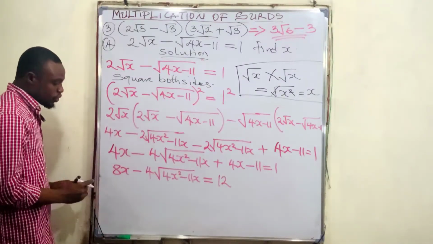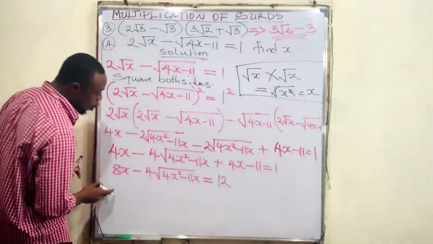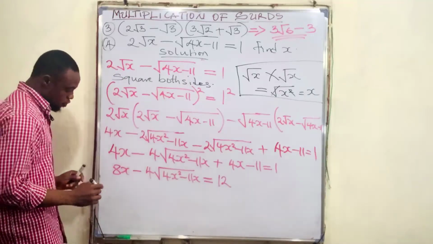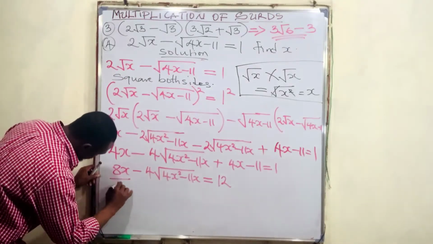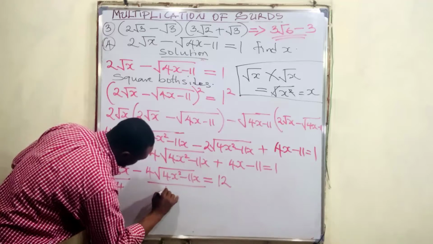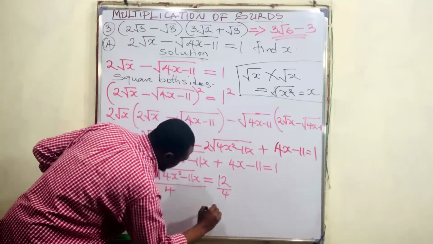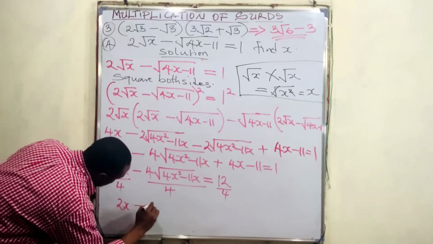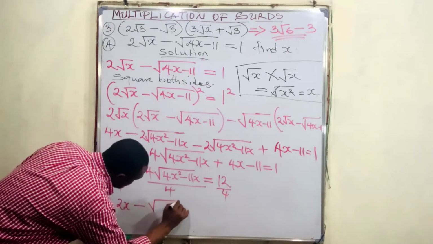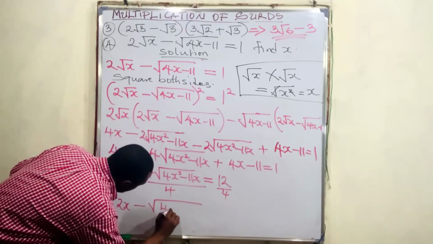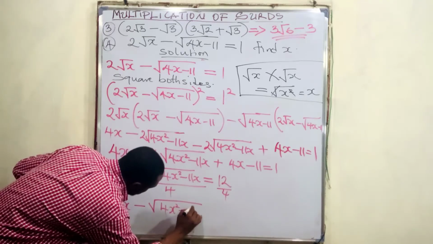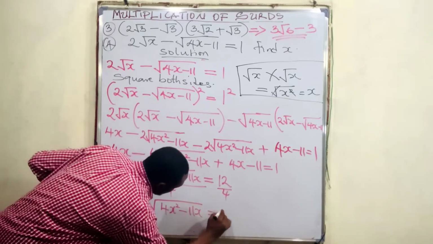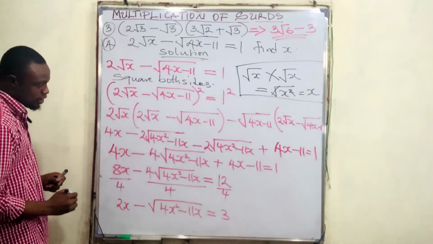Okay? So if we divide all sides by 4, we are going to have 4 here, all this divided by 4, and this divided by 4. So we are going to have 2x minus the root of 4x squared minus 11x to be equal to 3. Okay?